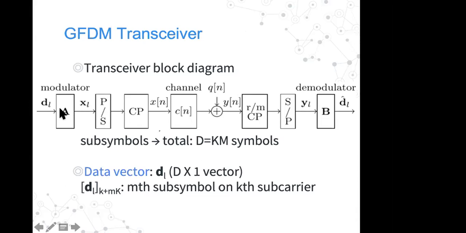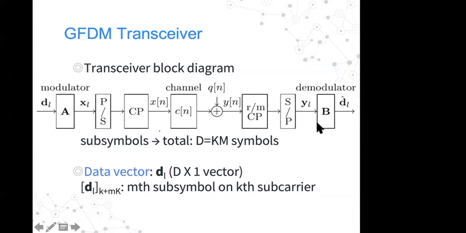So what is that modulator? The modulator is a GFDM modulator. At the receiver, the same scenario: receive through the channel, remove the cyclic prefix, do serial to parallel conversion, and use a demodulator. The demodulator is functioning on B and estimates your data symbols. So A is a modulator and B is a demodulator.